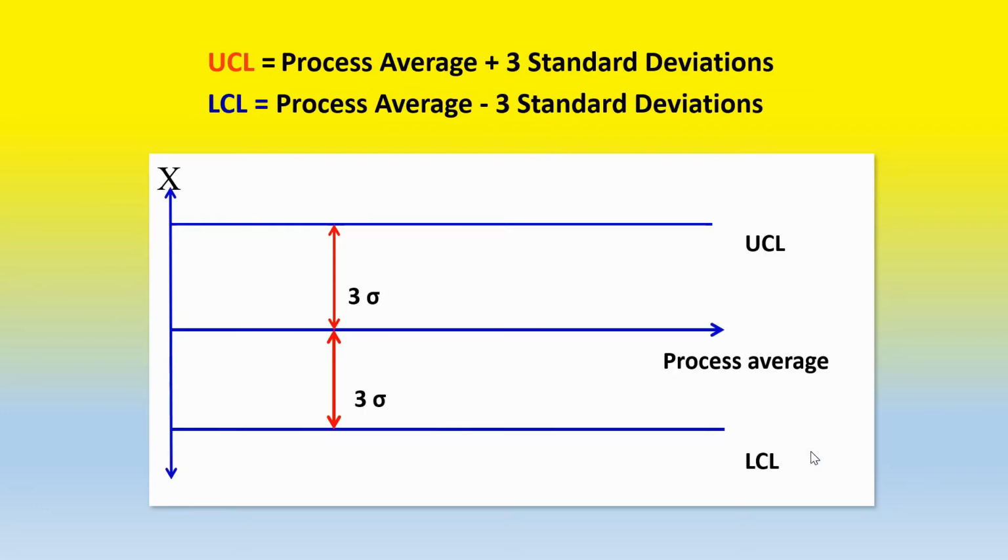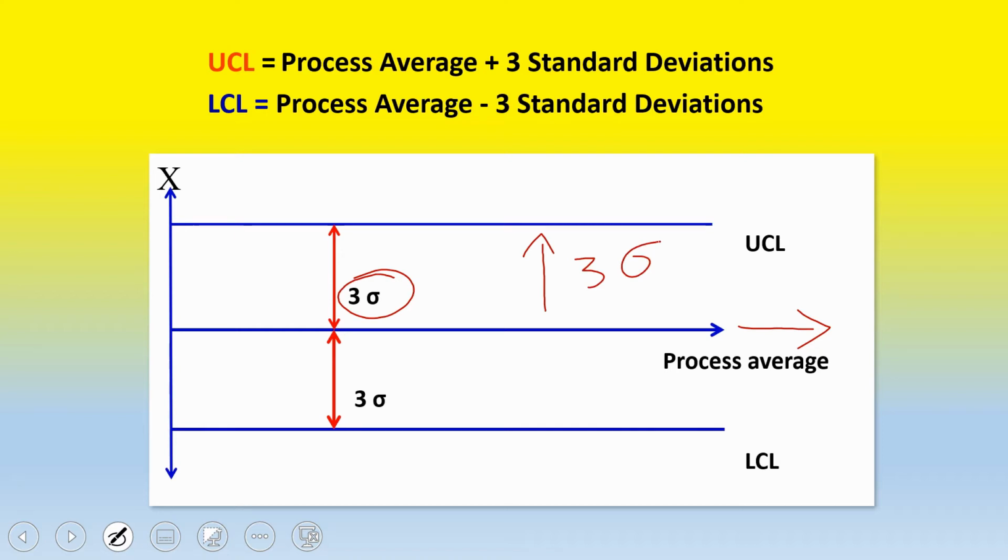Upper control limit and lower control limit. What is the meaning? You see here, 3 sigma. We have to take a process average, then we have to add 3 sigma to the process average to find the upper control limit.